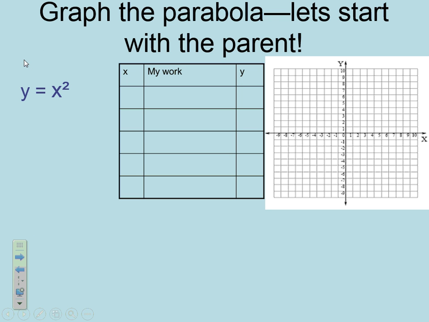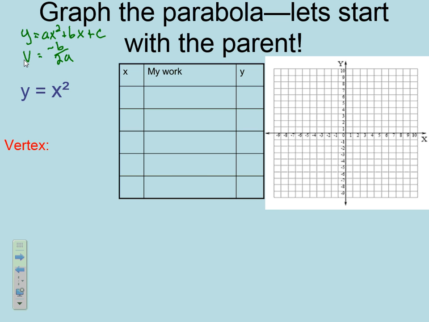Alright, first graphing example. We are going to graph this parabola. It's a parent function, and it's y equals x squared. So first thing we need to do is find our vertex. Now, our standard form is y equals ax squared plus bx plus c, and to find our vertex, we would take negative b all over 2a.